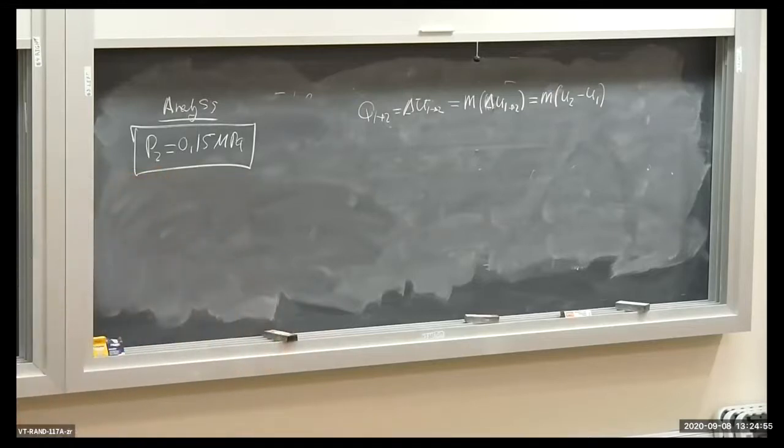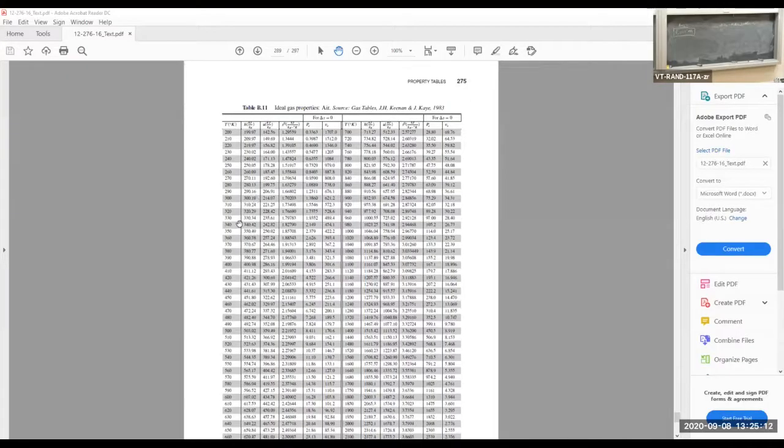Let's go back to the table and look at the specific internal energies of the air at 500 and 300 degrees Kelvin. Specific internal energy of air at 300 Kelvin is 214.07 kilojoules per kilogram.